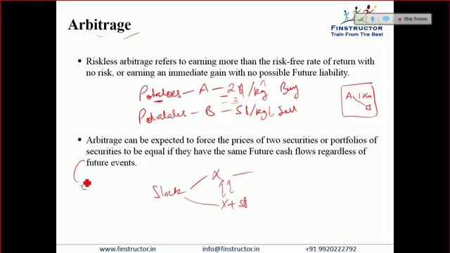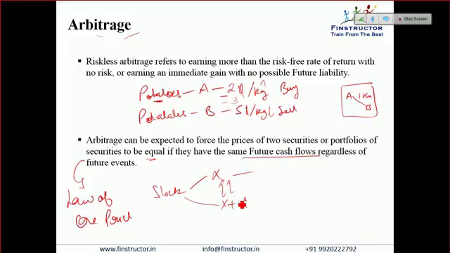So there's an interesting concept called the law of one price, which says that assets that have the same future cash flows or that provide the same benefit must have the same price, or arbitrage can be expected to force the prices of two securities or portfolios to be equal if they have the same future cash flows.